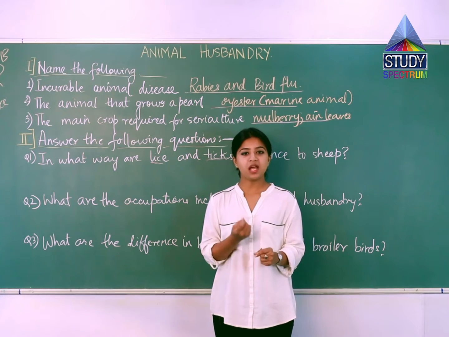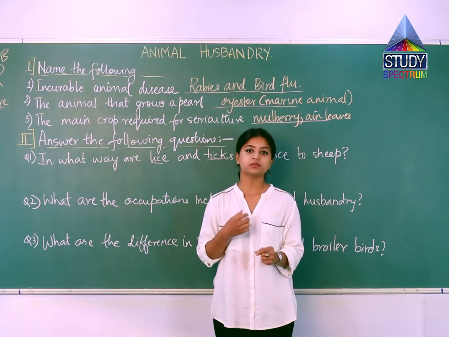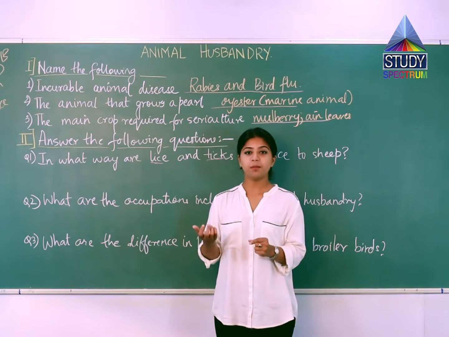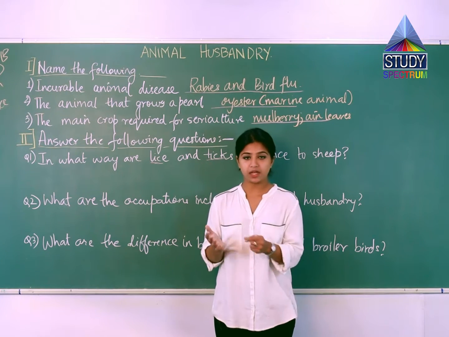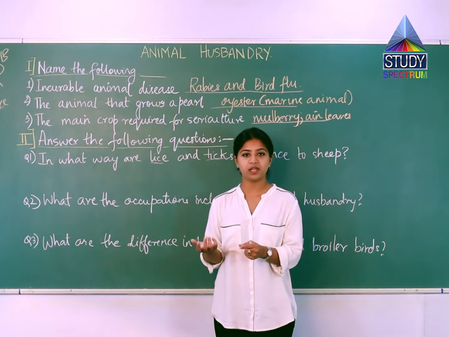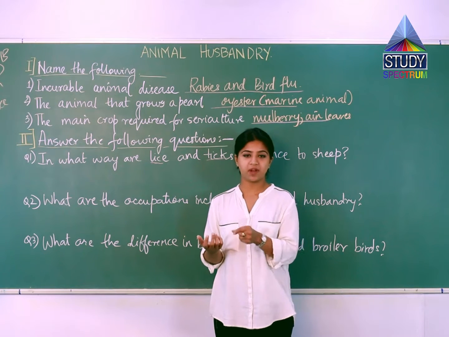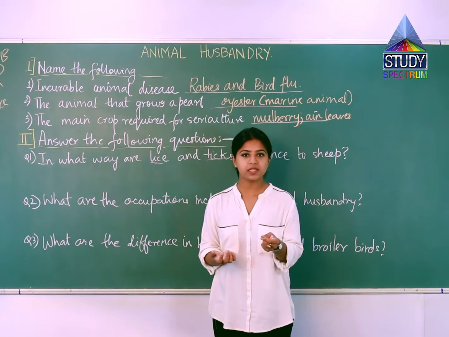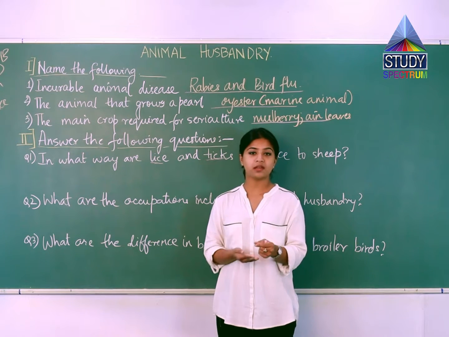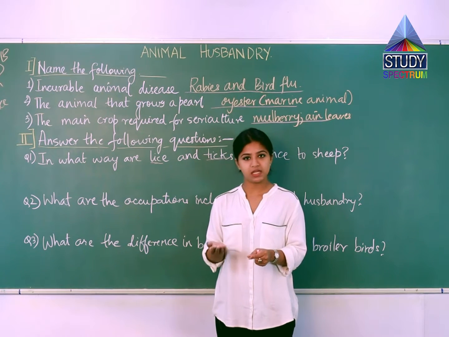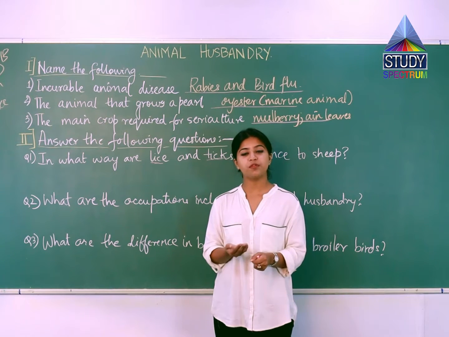While they suck blood from the body of the sheep, they leave an open wound. Since there are maggots and flies roaming around the bodies of animals like sheep and cows, it becomes really dangerous for them, and the chances of them becoming ill are much higher, because maggots are responsible for carrying germs.